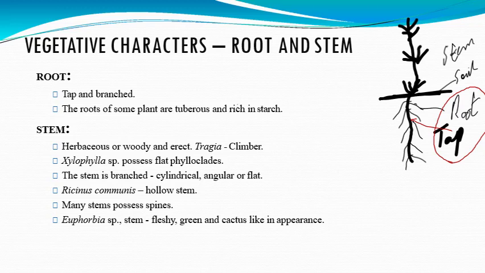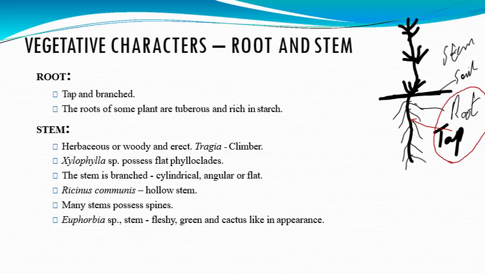In some cases, the taproot is itself in the form of a tuberous root, and this tuberous root is due to the accumulation of starch in the root.